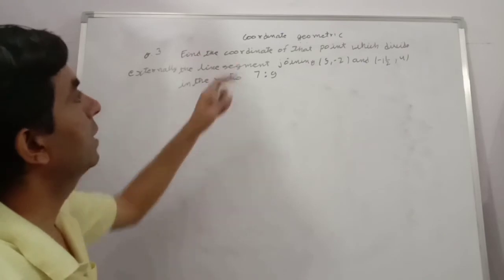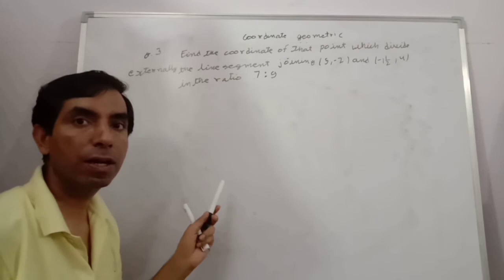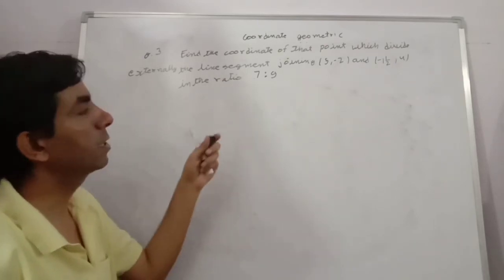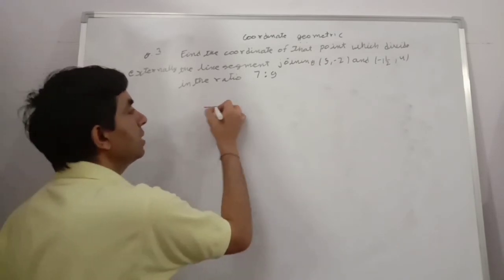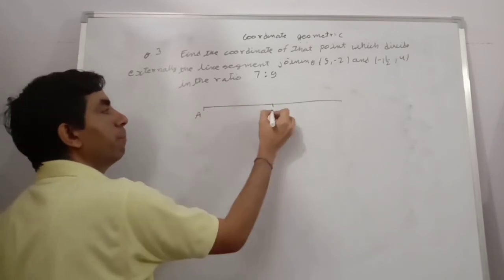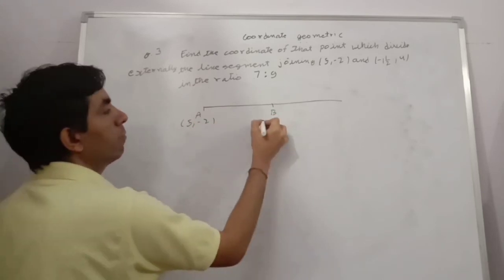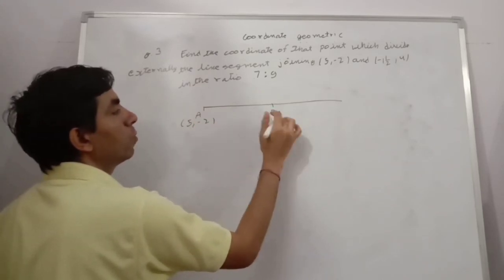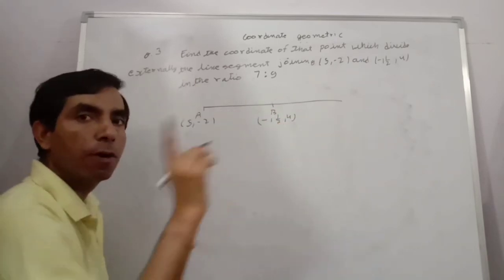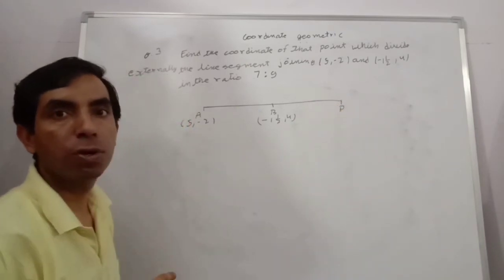Here we are given: find the coordinates of the point which divides externally. The line segment joining these 2 points is divided externally in the ratio 7:9. Means we have 2 points A and B, whose coordinates are (5, -2) and (-1 1/2, 4), and point P is outside of this line segment, dividing it in 7:9.